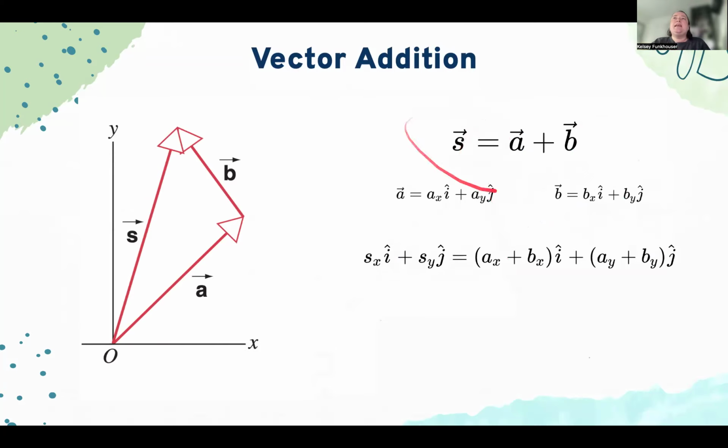This brings us back to that S vector, A plus B. If the A vector is the x component of A i hat plus the y component of A j hat, and B is the same thing with B, we can get the x component and the y component of their overall vector S just by adding the x components of A and B and adding the y components of A and B. So if you have the unit vector form of your two vectors, you can also get the unit vector form of their combined vector.